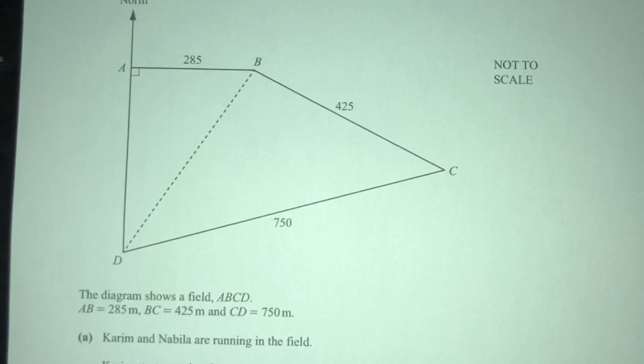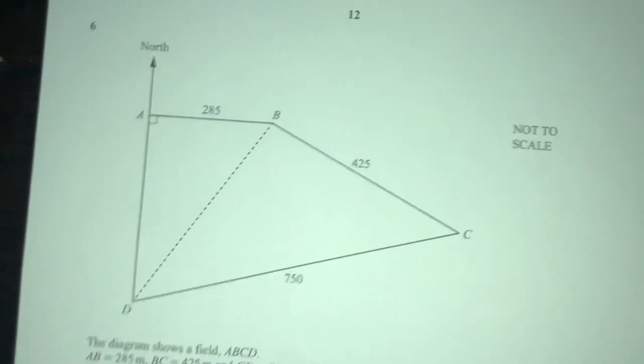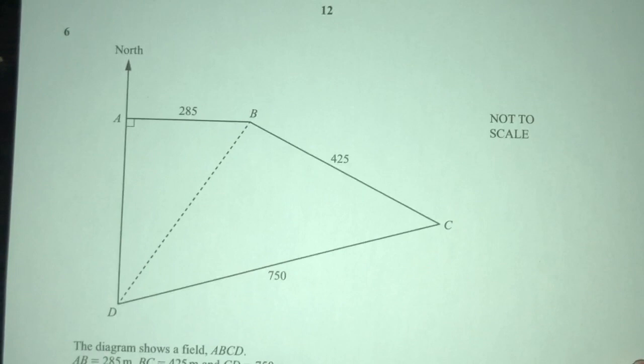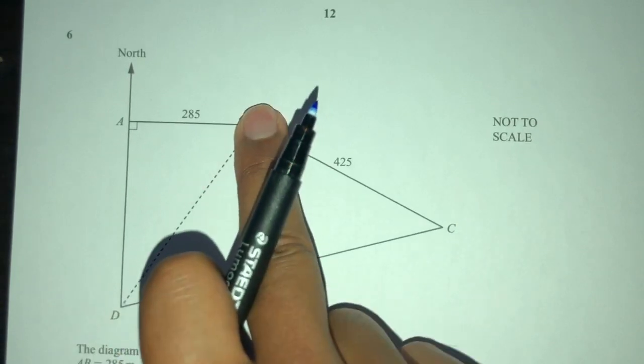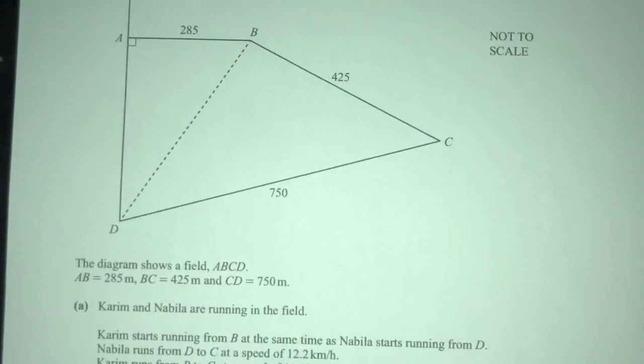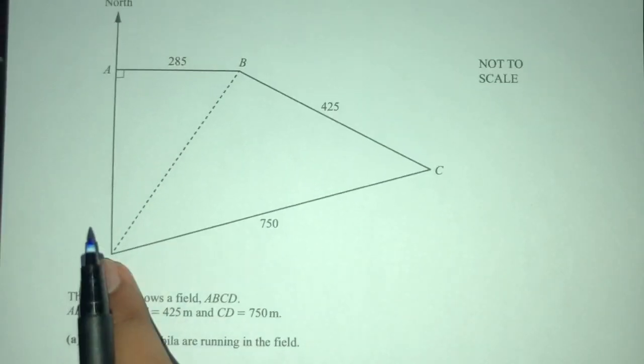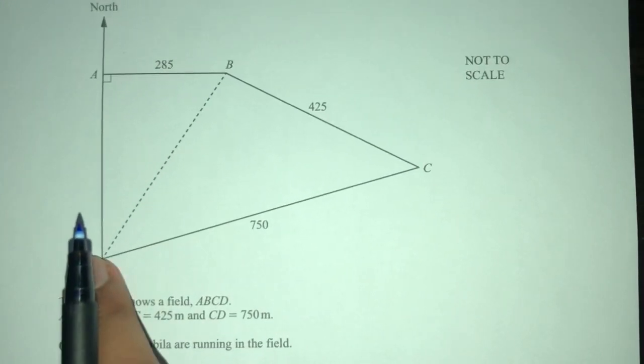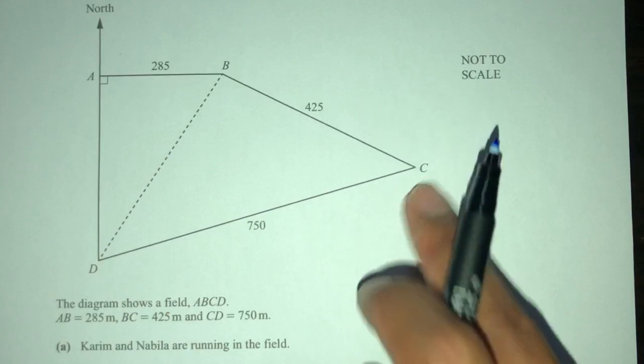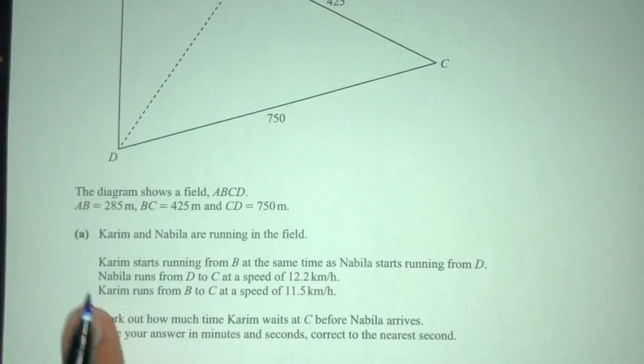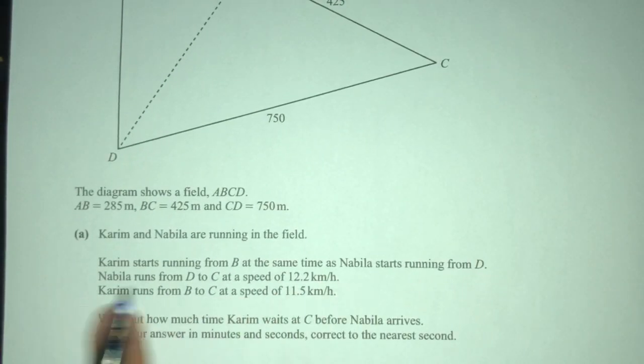Okay, this is a field. All right. In the field, Karim starts running from point B. So Karim starts here at point B, and Nabila starts from point D. So Karim here and Nabila is here. And Nabila runs from D to C. So basically two people run from this point to this point and this point to this point respectively. Now the speed of Nabila is this and the speed of Karim is this.